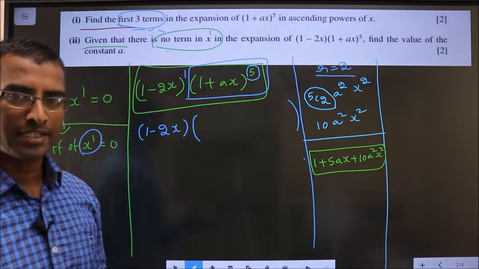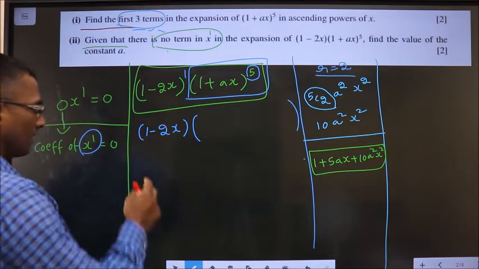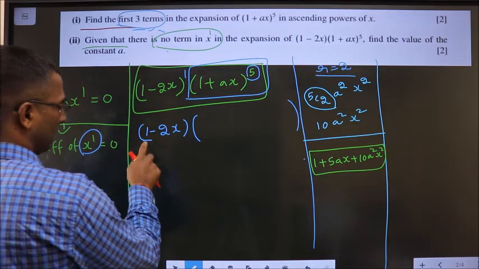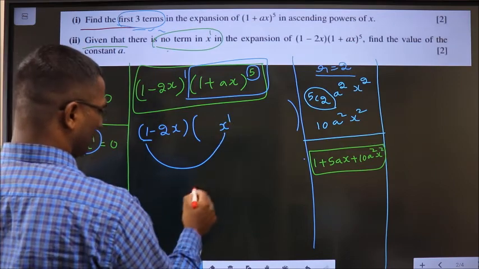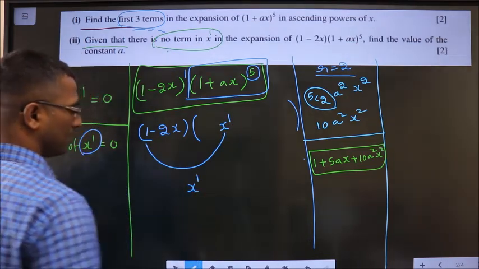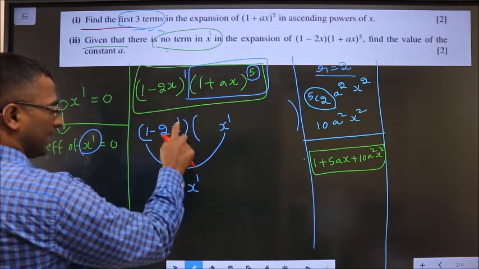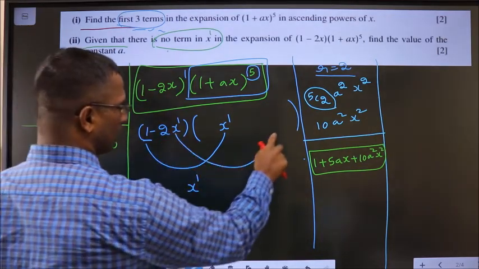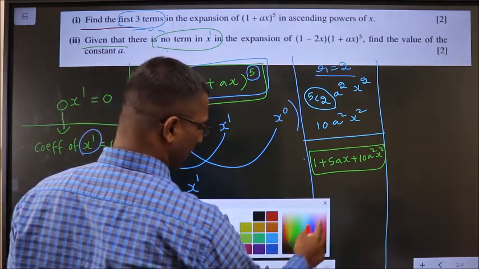And how do you decide what terms you need? By looking at this. Here it is 1. This should be multiplied with x power 1, only then will it result in x power 1. Next, here it is x power 1. This should be multiplied with x power 0. Only then will it result in x power 1.